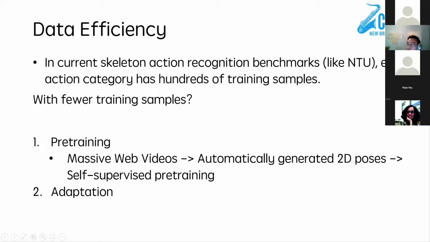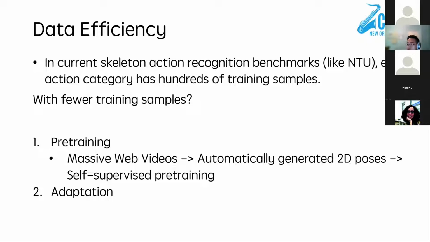First, we talk about data efficiency. It has already been validated that strong recognition performance can be obtained when there exist hundreds of training samples per class. But what if it comes to dozens or even several samples per class? The new setting can be challenging and worth exploring. A possible solution is self-supervised pre-training on massive skeleton data.